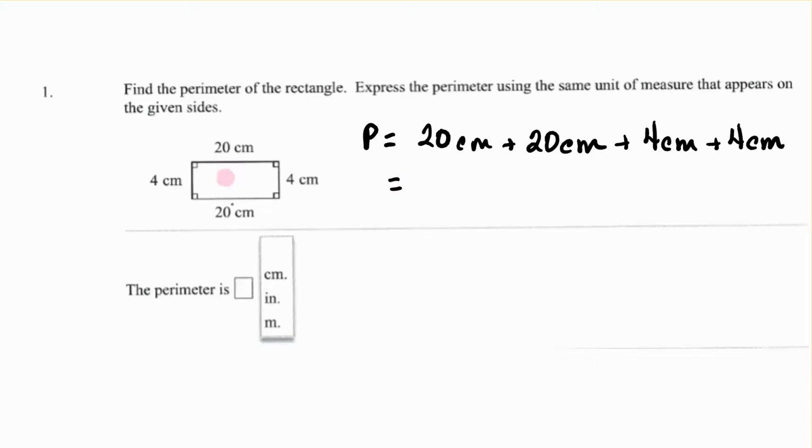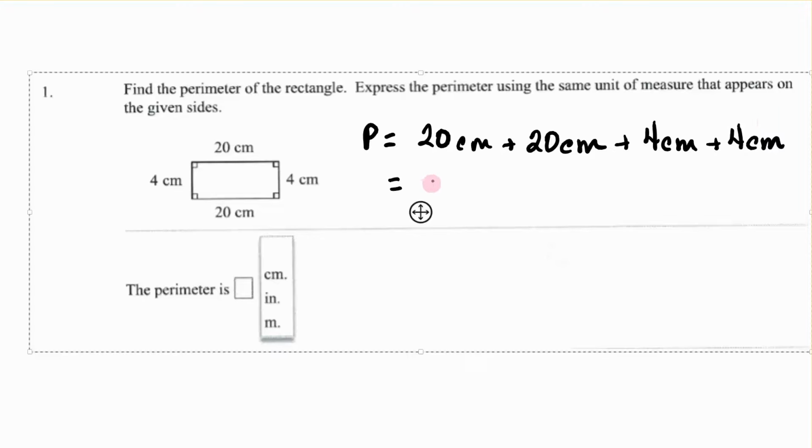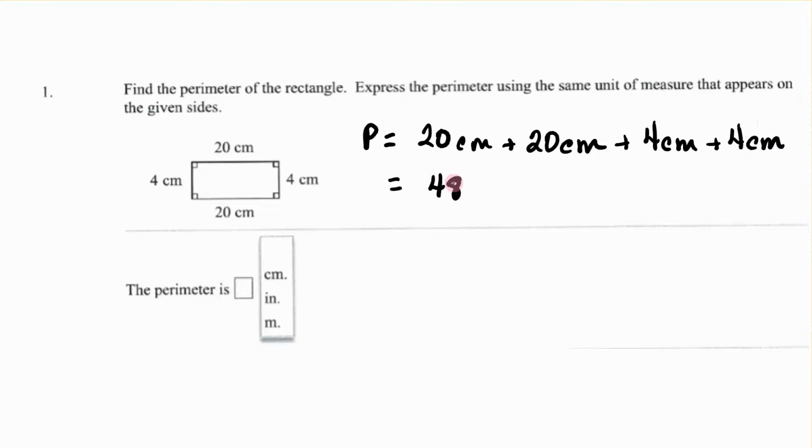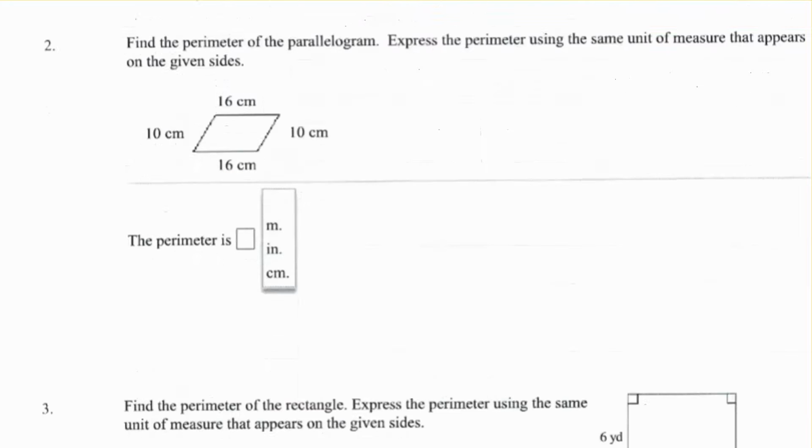I did these two 20s and then these two 4s. You might have started in one place and gone all the way around. Anyway, I've got my 4 numbers. I add them up, and that is 48, and it is measured in centimeters. It's that easy.